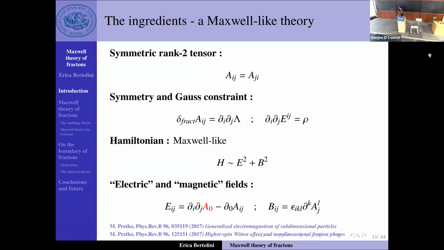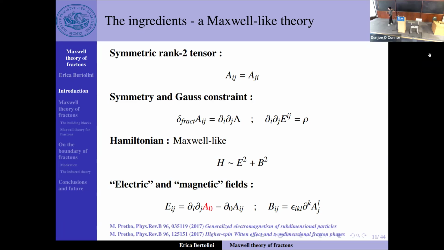Okay, so how to build a fracton model in the context of gauge field theory, a scalar fracton model, for instance. We need a symmetric rank 2 tensor field with spatial indices. There is the need of the Gauss constraint and the symmetry.